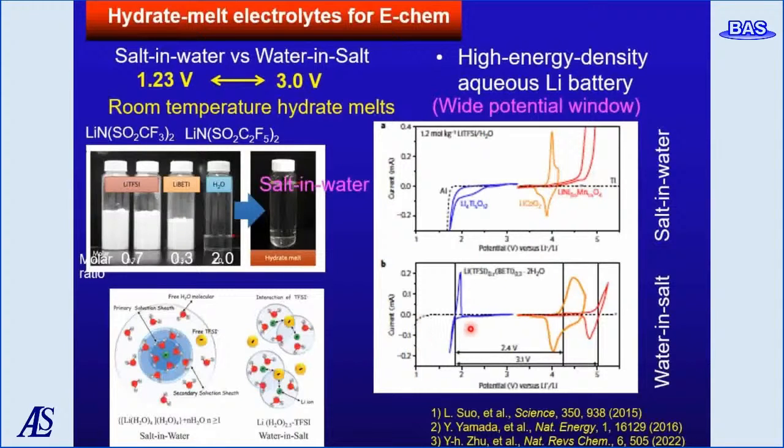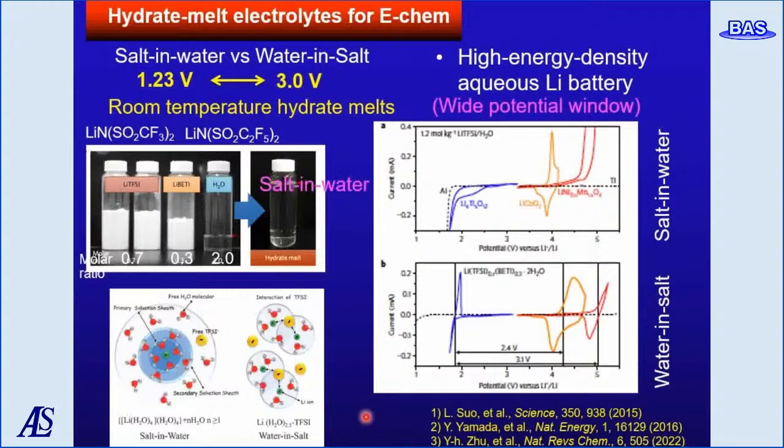On the other hand, in the case of molten hydrate, peaks associated with reversible intercalation are observed at the anode and cathode side, and the potential range is also as high as 3.1 volts.